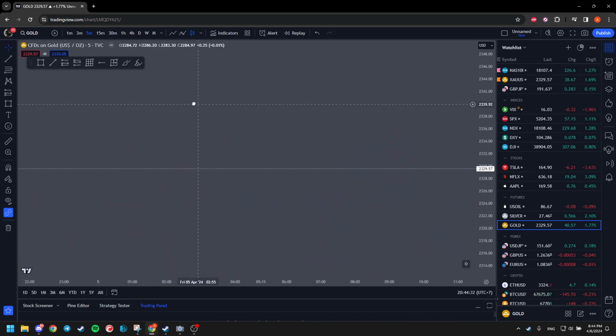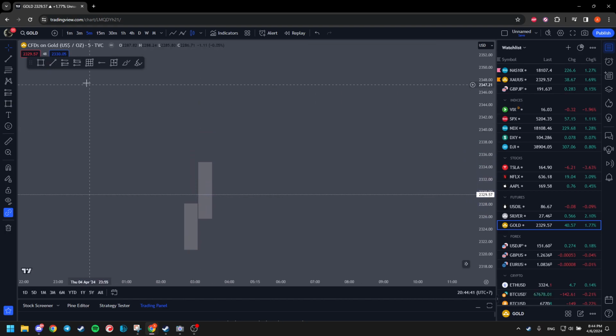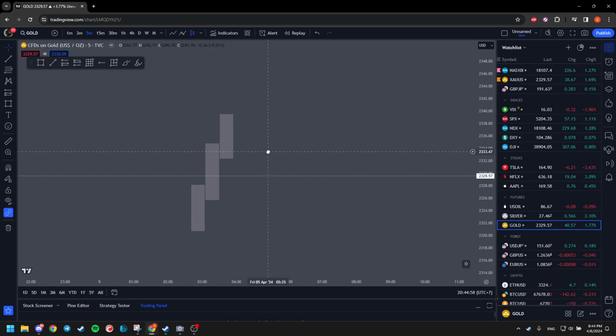A fair value gap is basically a candle here, candle here. You can only consider a fair value gap if there are three same candles. Let's take this white candle as a bullish candle, right?